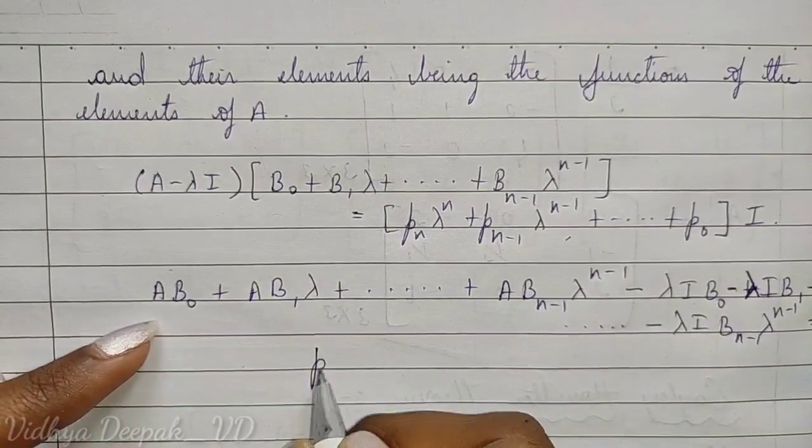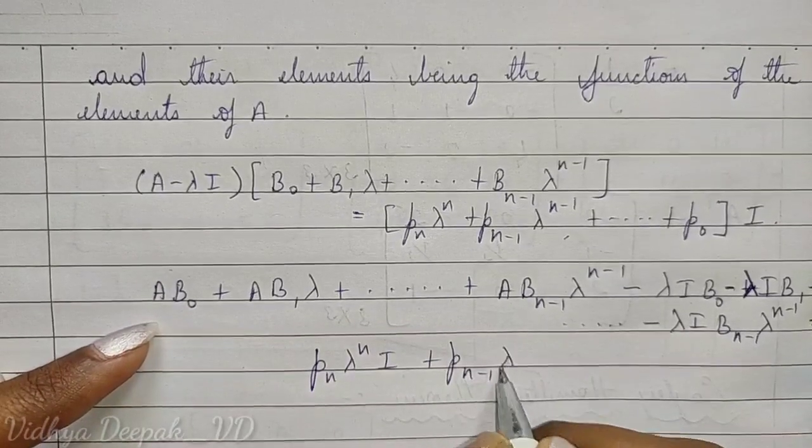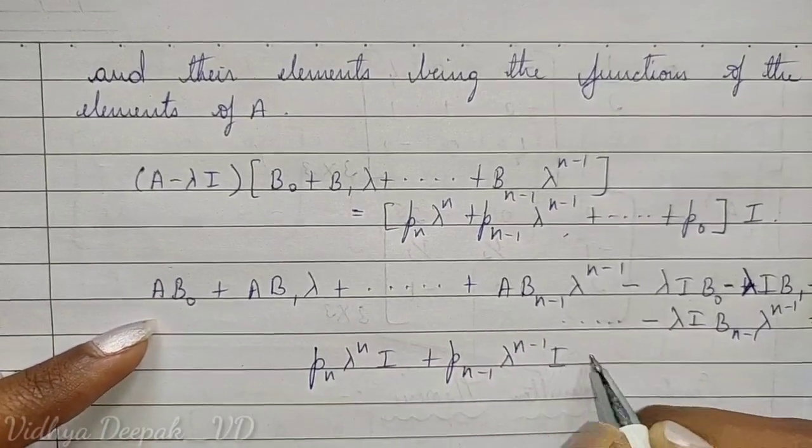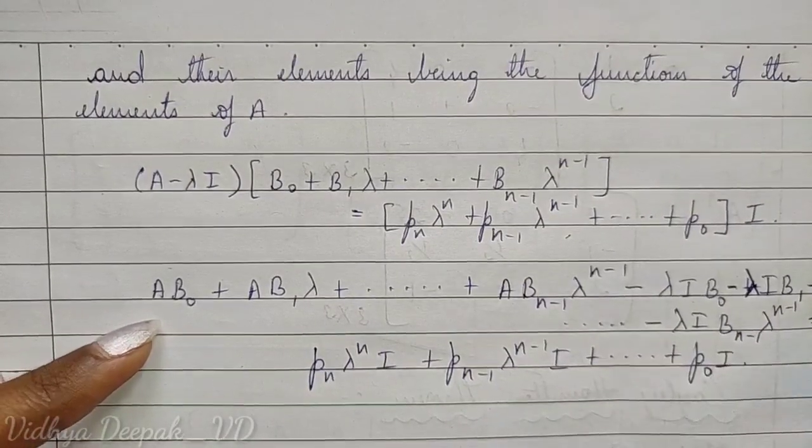What do you get? Pn lambda power n into I plus Pn minus 1 lambda power n minus 1 into I plus etc. plus P naught into I.